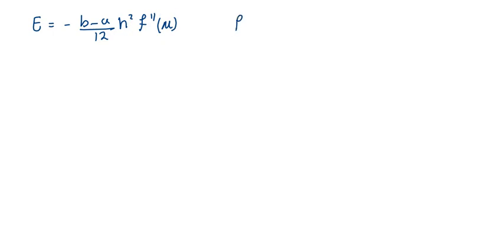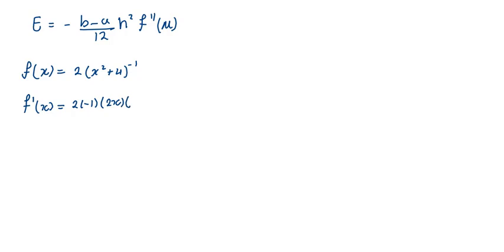Our function is given as f of x equals 2 over x squared plus 4, but I'm not going to write it like this. I'm going to write it as 2 multiplied by x squared plus 4 to the power negative 1. Meaning my first derivative f prime of x is going to be equal to: the power drops, that is negative 1, so 2 by negative 1 multiplied by the derivative of the inside part, which is 2x.